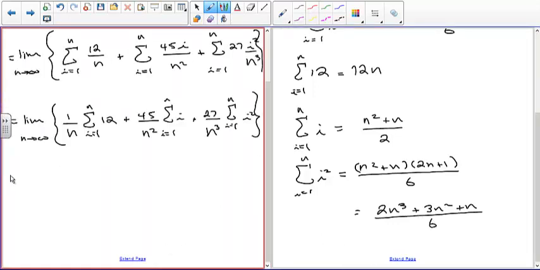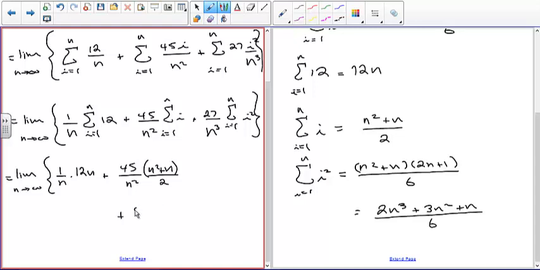So what we can do is go over here now. We get rid of the summation signs and take the limit as n goes to infinity. So we have 1 over n times this thing, which was 12n. Then we have 45 over n squared, and then we multiply by this, which is n squared plus n divided by 2.